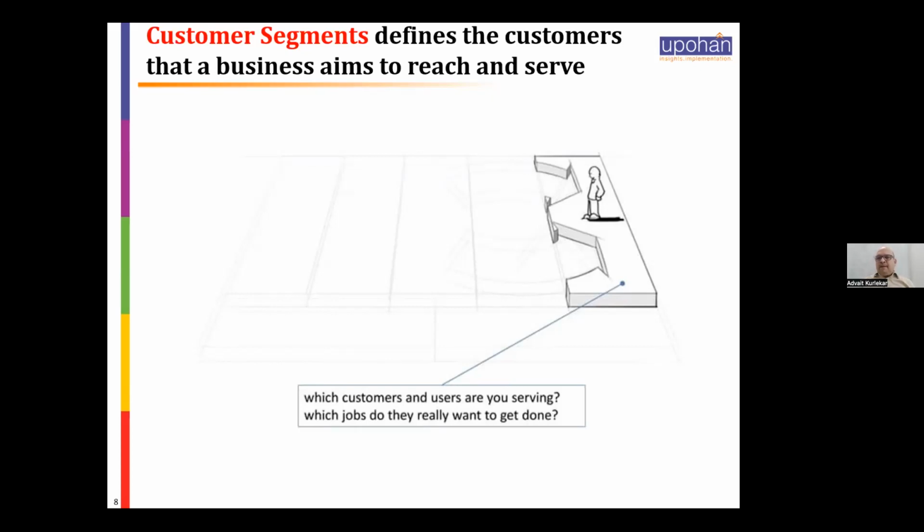So if male, female, age profile, demographic profile, psychographic profile, geographic vicinity, etc., are not necessarily segments, then what are customer segments? We need to be very clear that you can segment your customers only if different segments are looking at your product or your service from a different value proposition perspective.